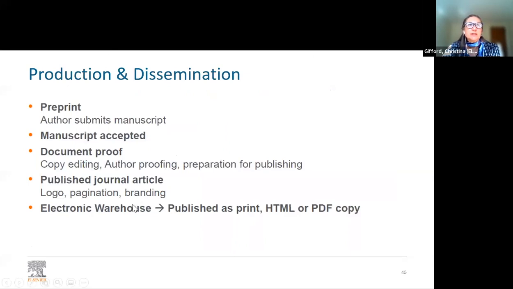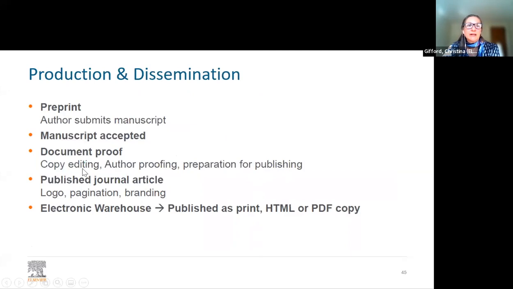Next would be the production and dissemination. Once a paper has been accepted, you've resubmitted with your changes, and you've gotten acceptance of your paper, then it goes through the next phase. You need to go through the copy editing, author proofing, and preparation for publishing.